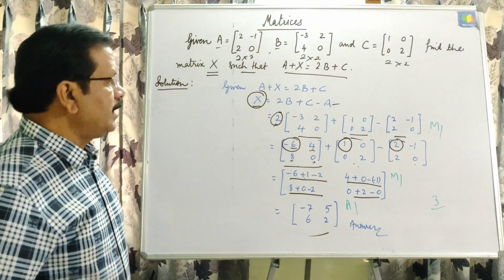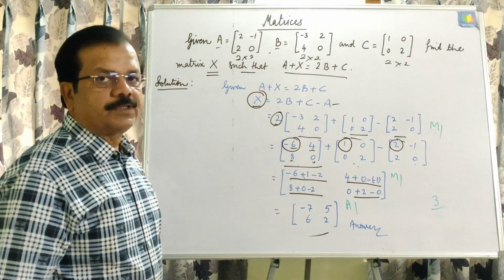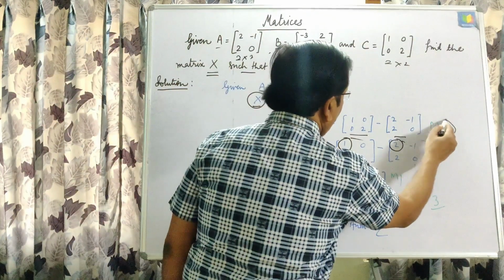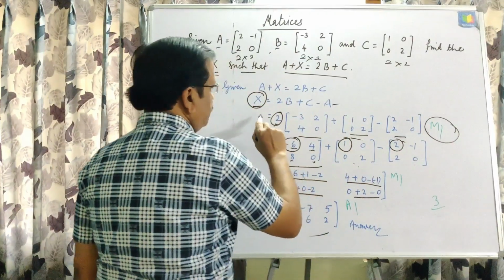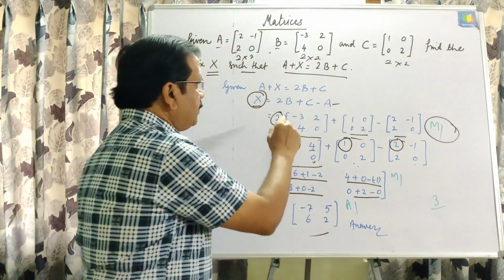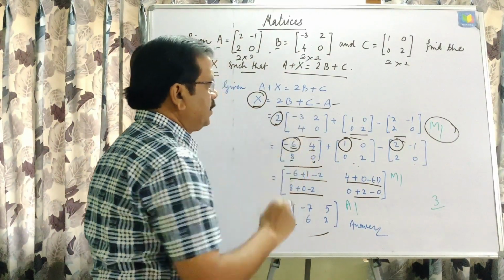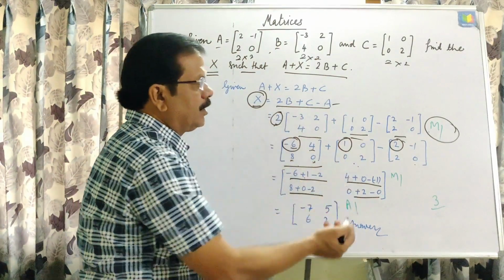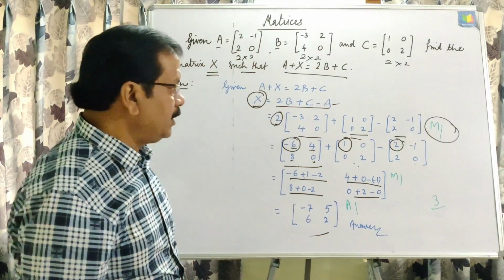In the marking scheme, this question was of 3 marks. The first method mark was given once you have written the substituted values correctly in the given expression. That is, you know the method of how to transpose this to the other side and then substitute the values.